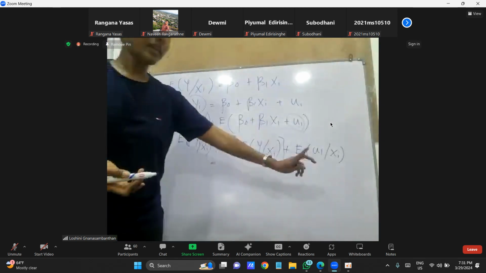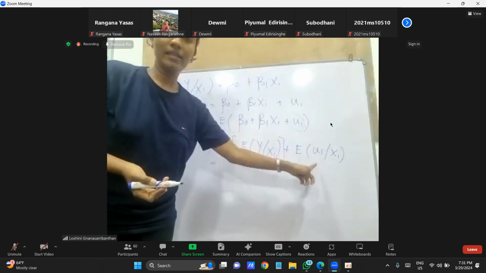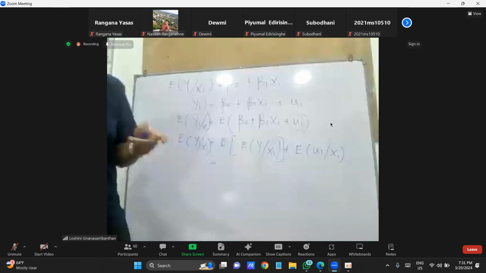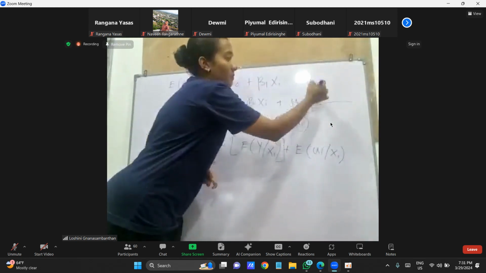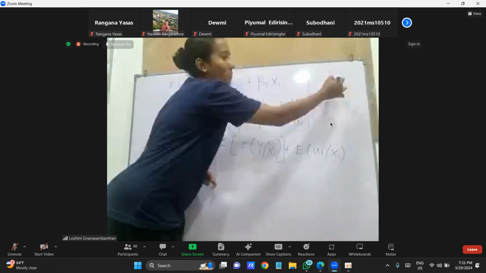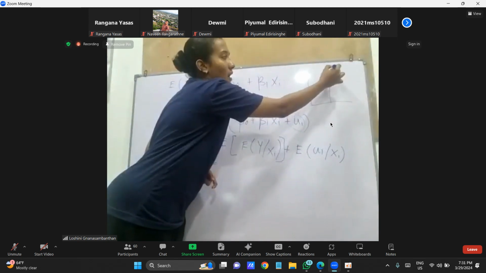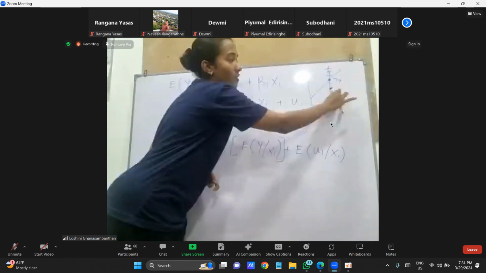For a fact, this error term ui is zero. It's a fact because you saw in the graph that you have this one value 77, but there are so many others. I wrote individually and showed, right?